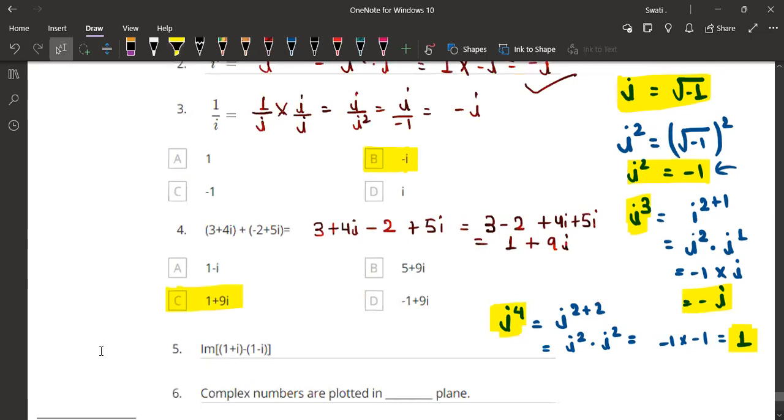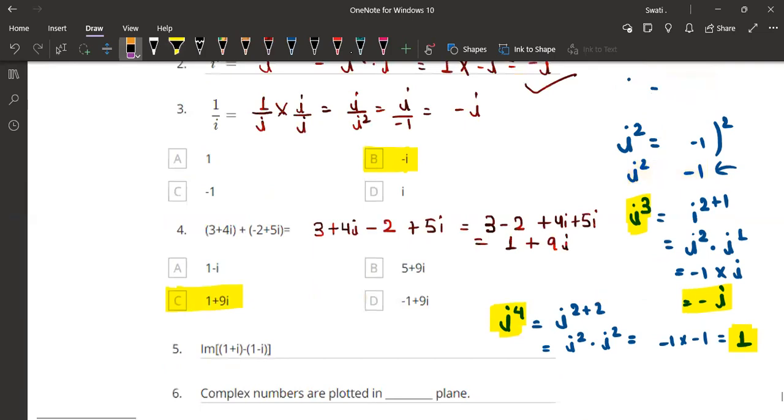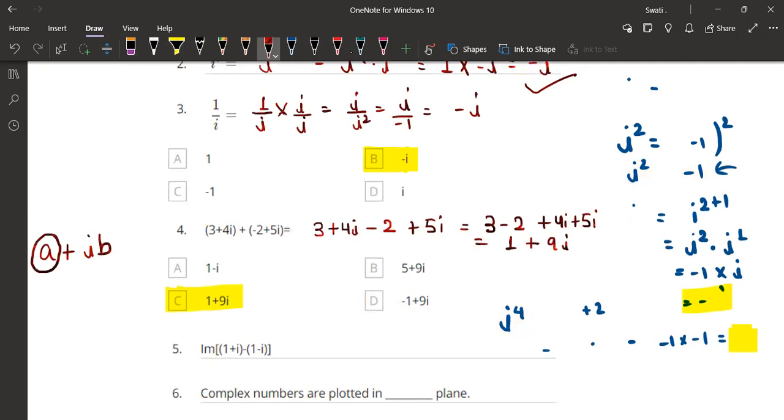And the next question is we have to find out the imaginary part of this particular thing, okay? Let us first understand what is the meaning of imaginary part and the real part. So for example, we know that complex number has the standard form a plus ib, right? So whatever here you can see, this a is called the real part.